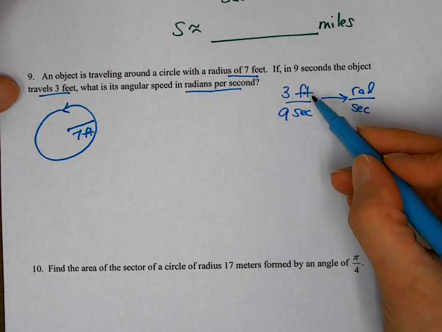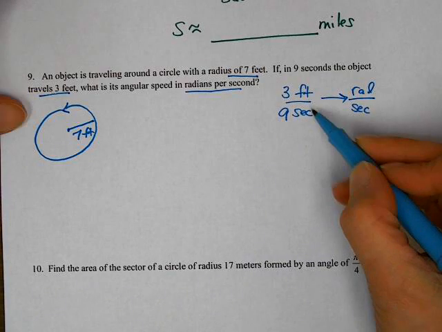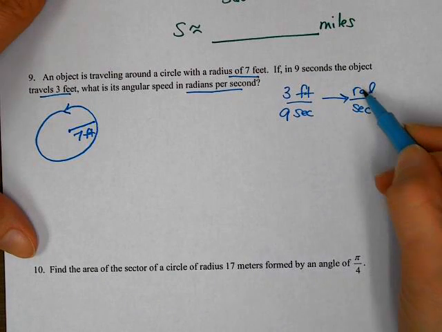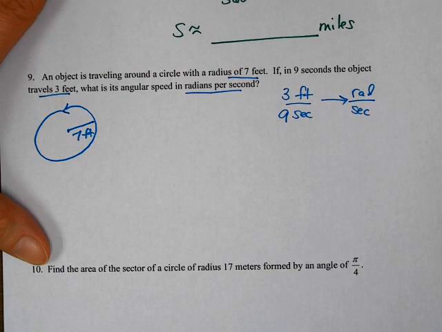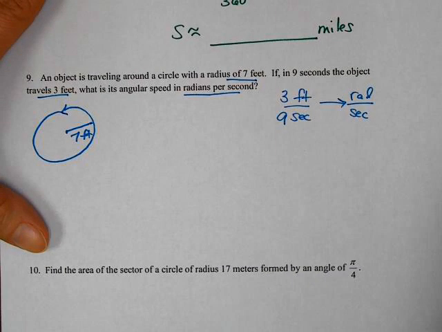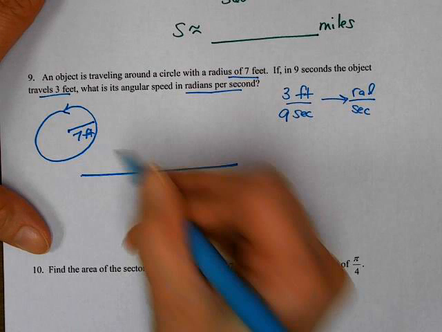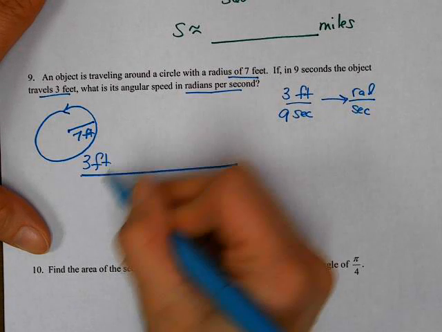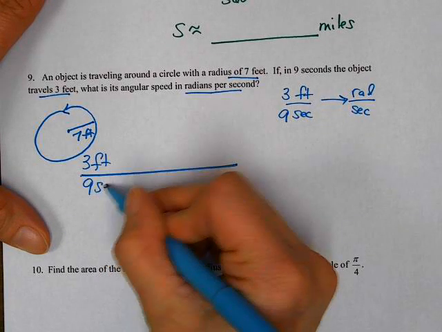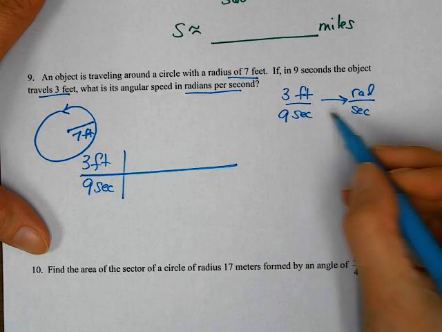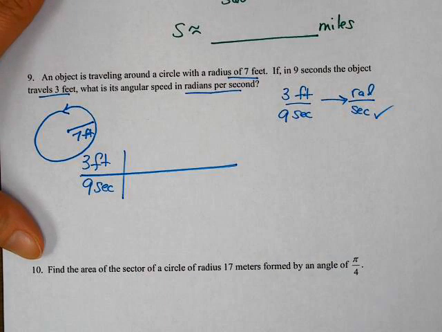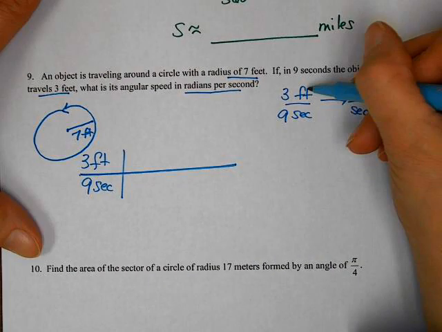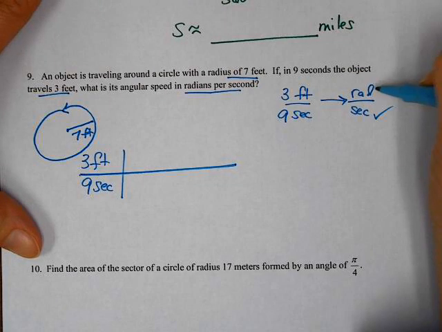They gave us feet per second, and they want us to change it into radians per second. I think the best way to do this would be with a conversion chart. We were given 3 feet per 9 seconds. Seconds is already seconds, so we don't need to do anything with that. We need to change feet into radians.